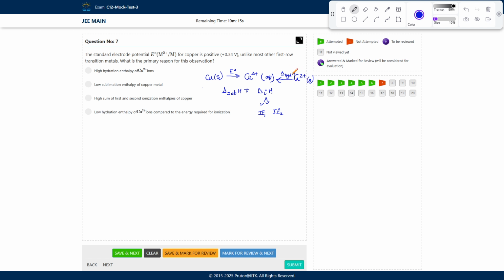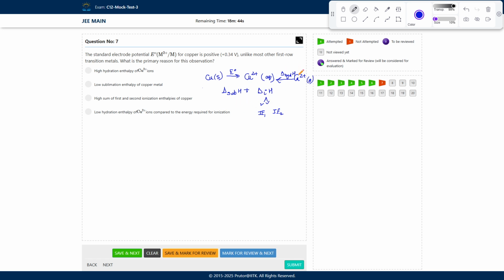That's why the reduction of copper 2 positive to copper is less favorable, and that's why the standard electrode potential of copper is positive. So our correct answer is the fourth option: low hydration enthalpy of copper 2 positive ions compared to the energy required for ionization.